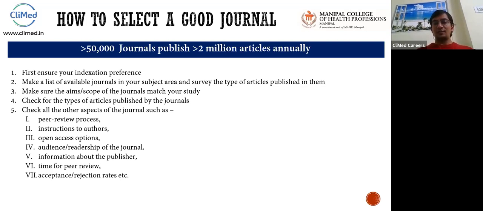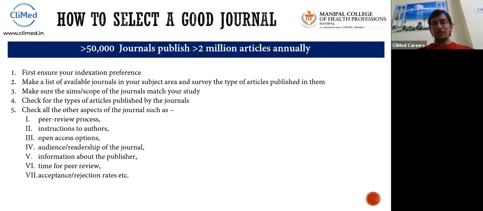the types of article published in them. So what are the types of article? It doesn't mean that if you have selected some diabetic journal, it will be suitable to your article. Every journal, whether cardiac or diabetic, has specific article types published in it. Some journals publish only basic research, some only genetics, some only clinical research, right?